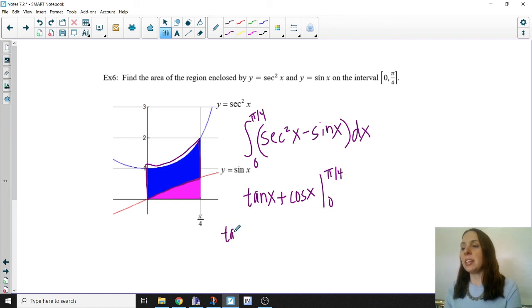That means tangent of pi over 4 plus cosine of pi over 4 minus tangent of 0 plus cosine of 0.